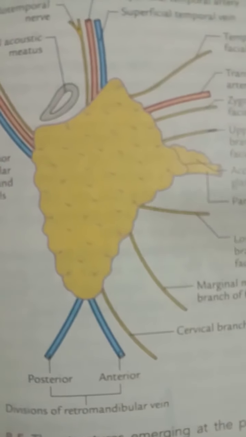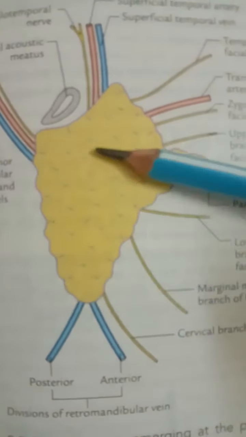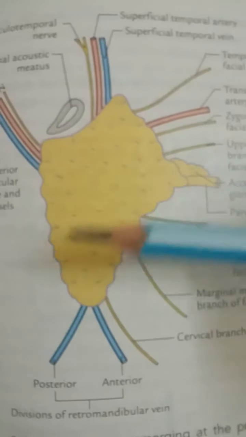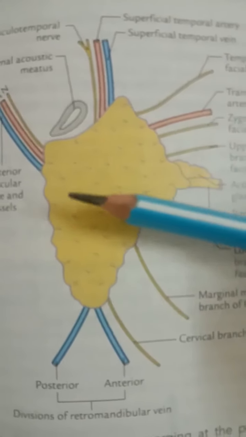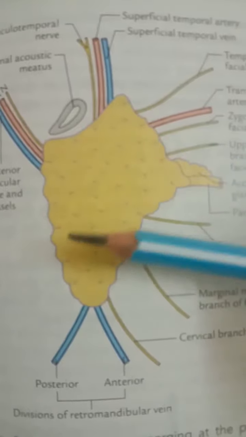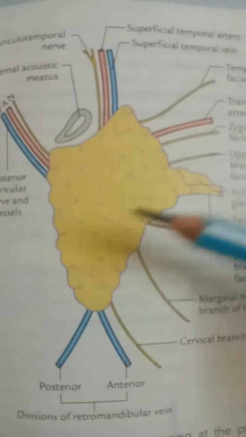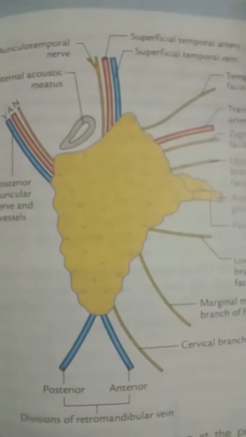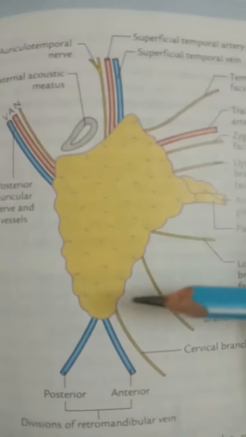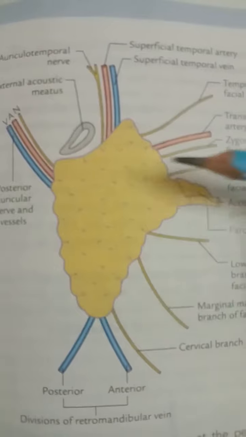Then the superficial surface, this one. It is the largest of the four surfaces and is covered by superficial fascia, that is the skin fascia, then the parotid fascia and the deep parotid lymph nodes. Then the anteromedial surface, this one.